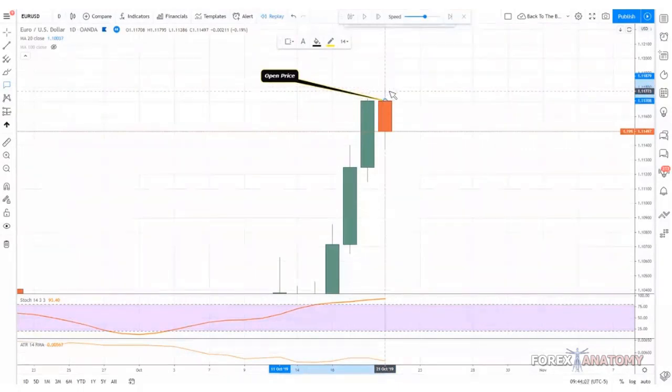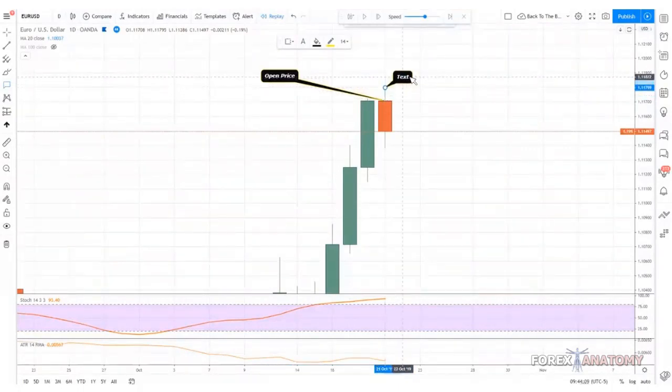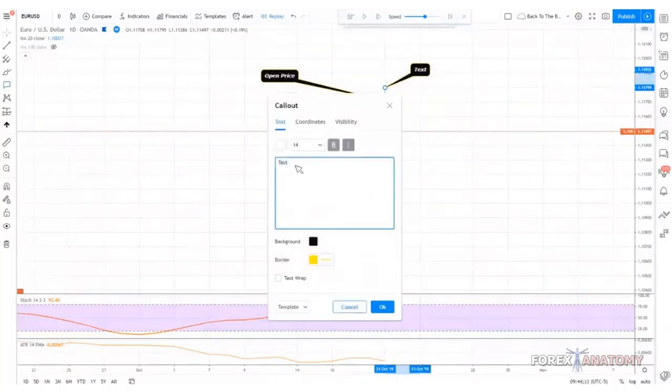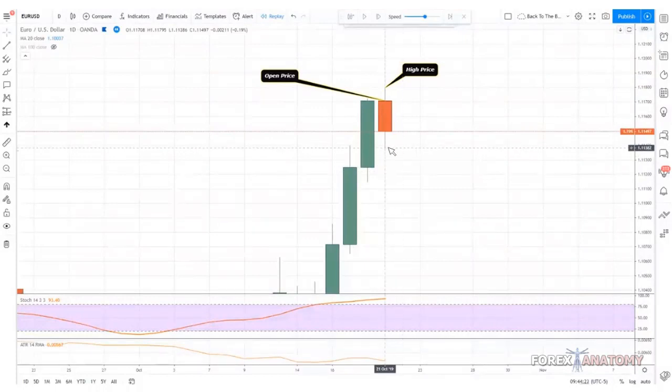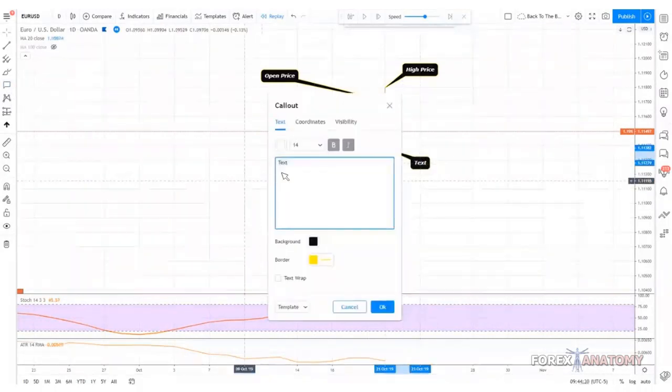I know it's kind of hard to see, but this is where price created the high, so we're going to call this the high price. And down here, where the wick is at the bottom of this candle, we're going to call this the low price. This is the low for the day.